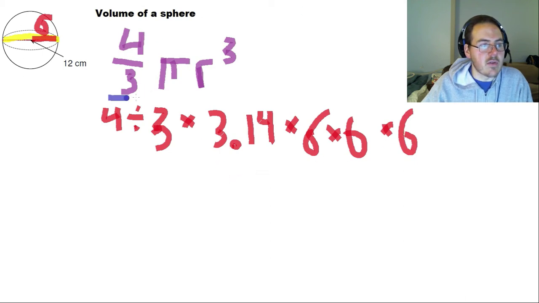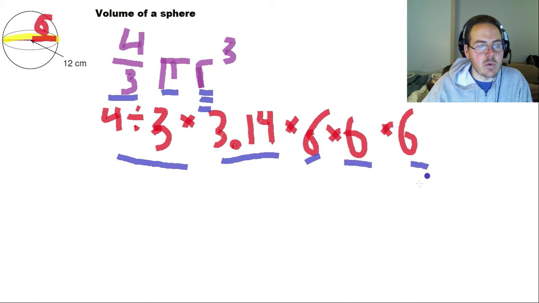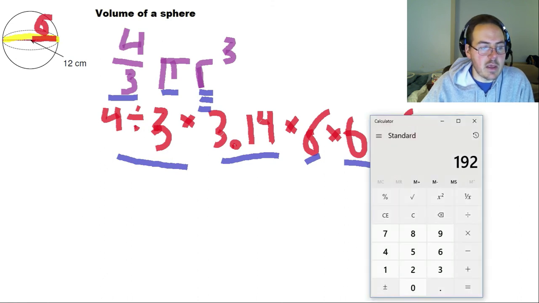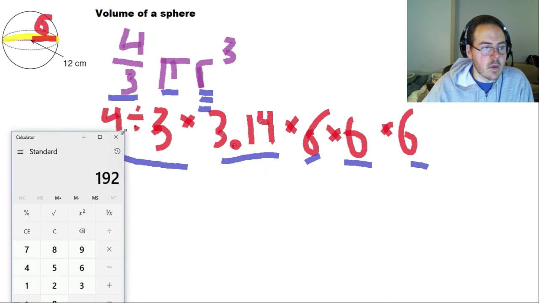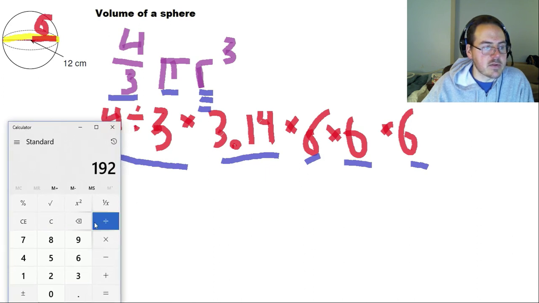So we've got a fraction here, pi here, and the radius 3 times, because of that exponent, 1, 2, 3. And that should give us the right answer. The volume of this sphere will be... I need a smaller calculator. Okay, so 4 divided by 3, times 3.14, times 6, times 6, times 6.